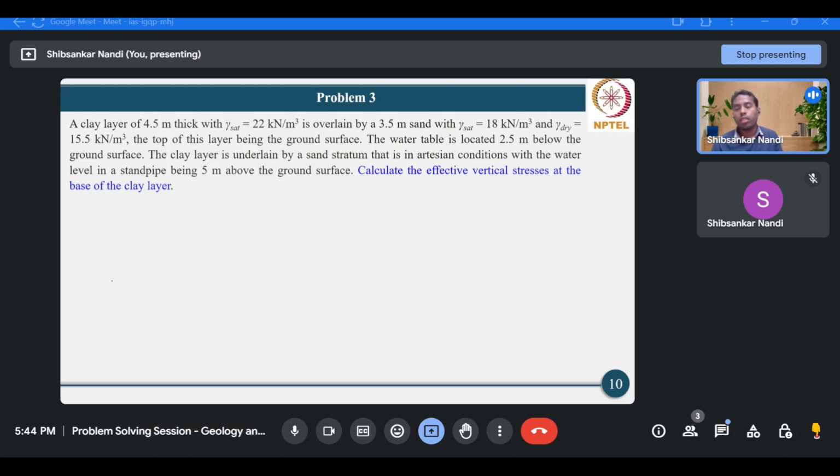So as you can visualize from this problem statement, there is a clay layer of thickness 4.5 meter, and this layer is sandwiched between two sand layers.